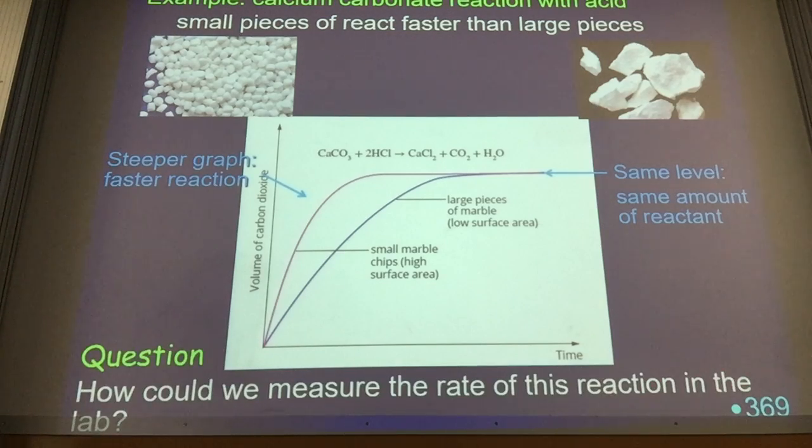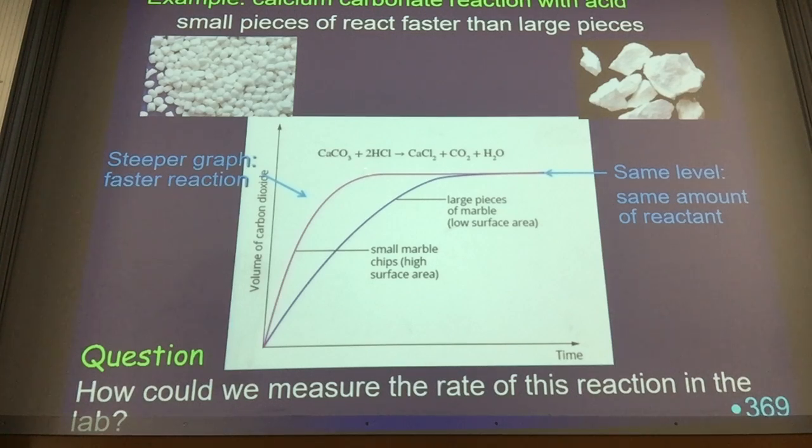Now, the question that pops up, how would we measure the rate of reaction in this case? How would we measure what's going on? Well, here we can see volume of carbon dioxide. Are we going to measure the volume of gas produced? Well, not in my lab, because gases are a total pain to deal with. There is a much simpler way.